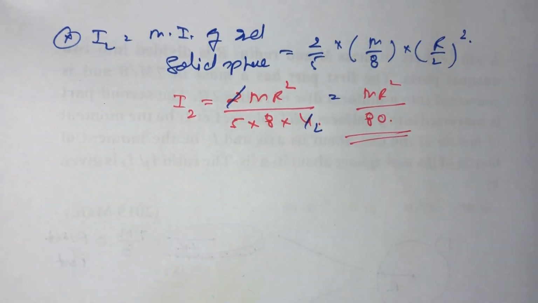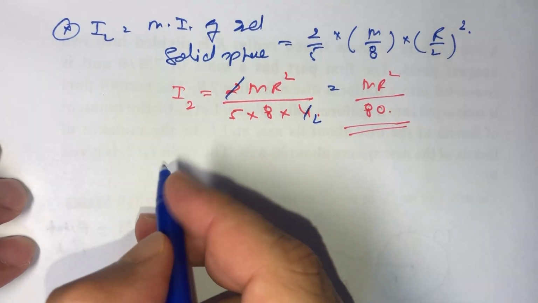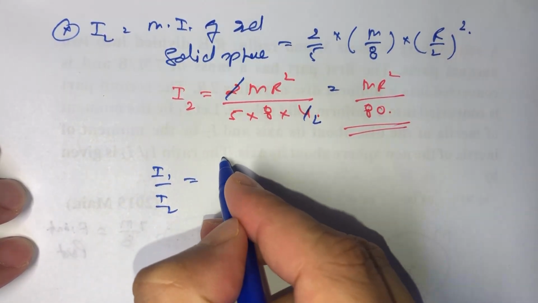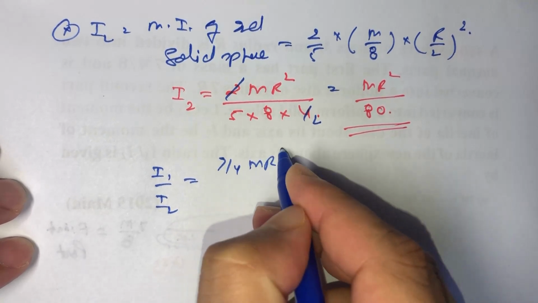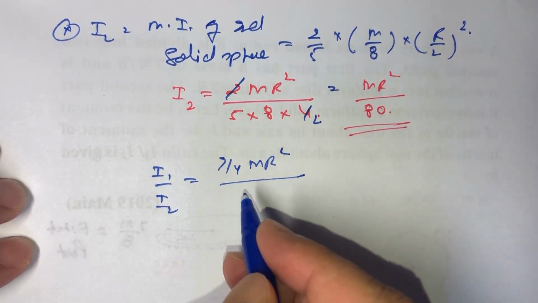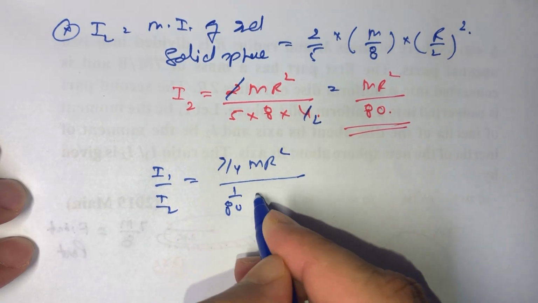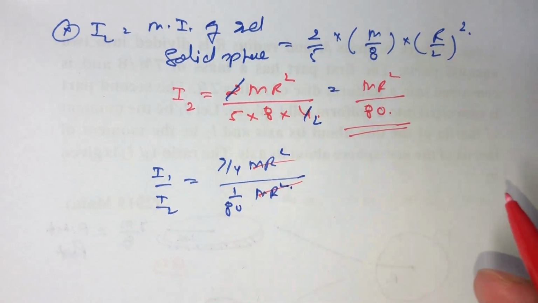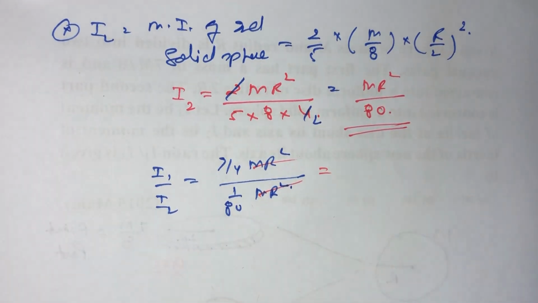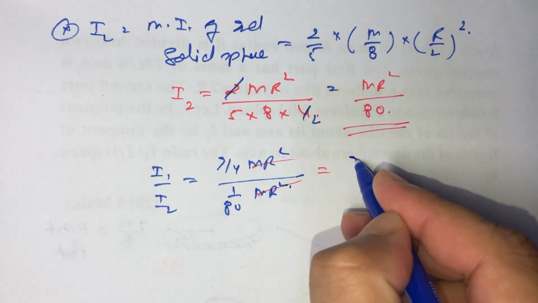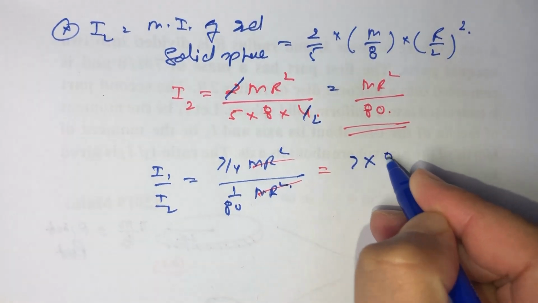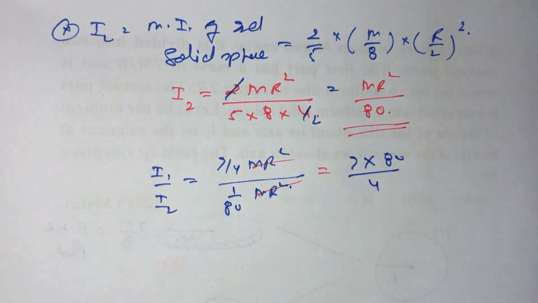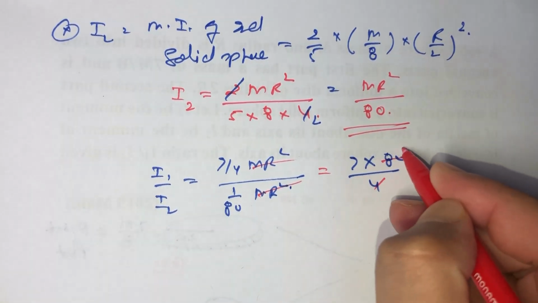We are supposed to find the ratio of I1 and I2. Therefore I1 divided by I2. I1 was 7 by 4 m R square and I2 is 1 by 80 m R square. m R square goes away and we are left with 7 into 80 divided by 4, and this goes by 20.